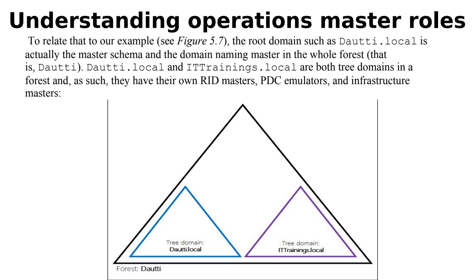Operations master roles also, here, what I just explained in the previous example. Here we have the forest. What's the name of the forest? Duwati. And the tree domains are duwati.local and ittraining.local. If I have a domain called it.duwati.local, what is it? It's a child domain of duwati.local. As simple as that, okay?